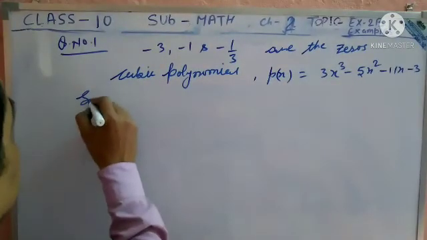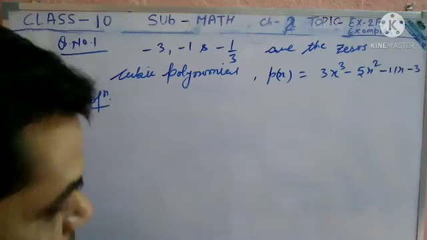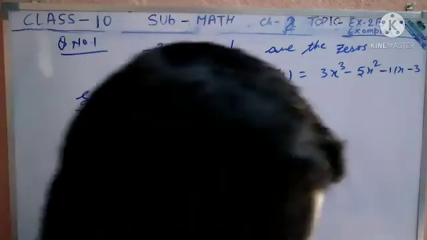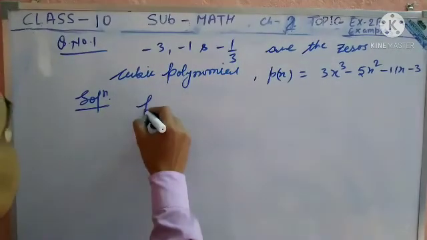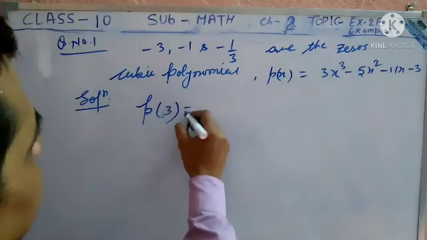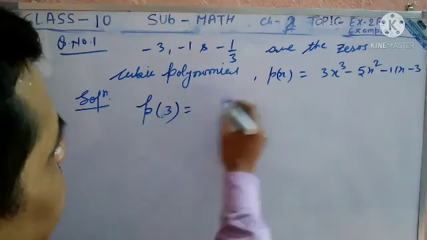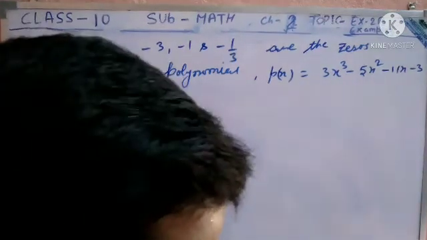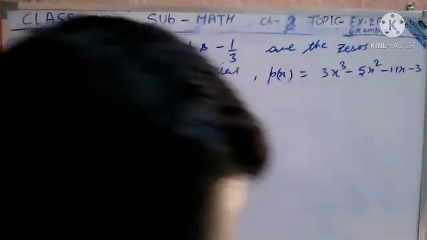So that solution is p of 3. So that is that equation. Put the value of this.